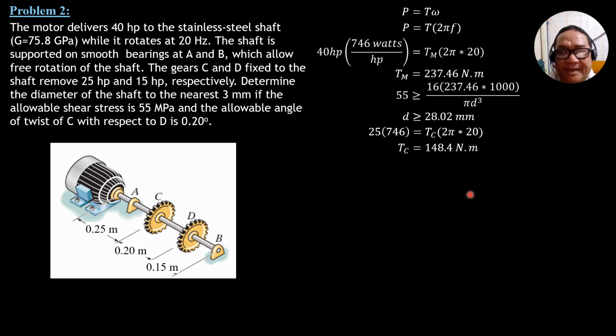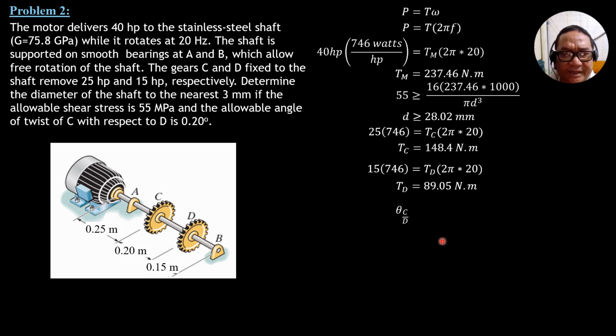Then at D, 15 times 746 equals torque at D times 2 pi times 20, so torque at D is 89.05 Newton meter.